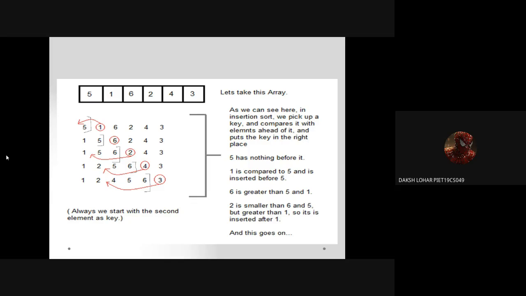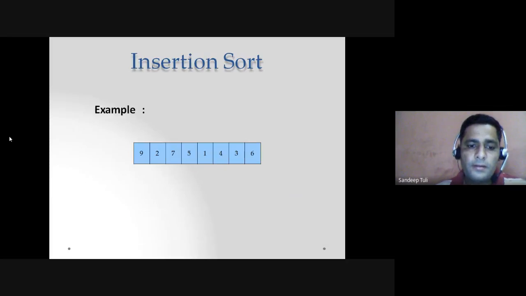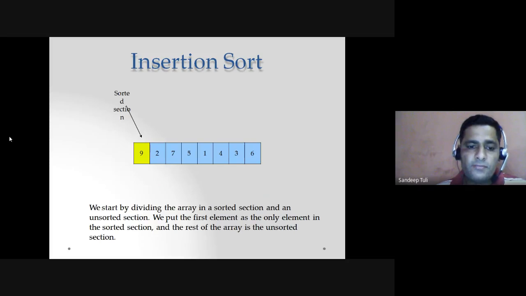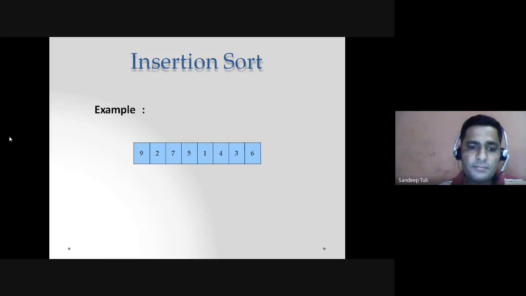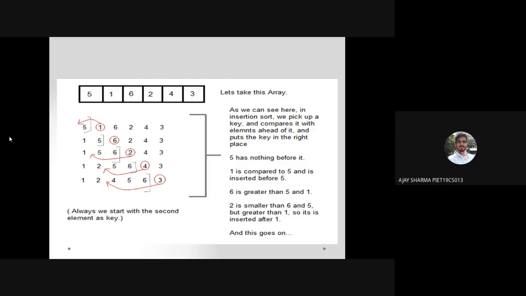Yes, sir. Wherever I have put the mark with the black ink, in every step we have divided the array into 2 parts: the first part is sorted and the second part is unsorted. Sir, why are we having a previously defined array? Can't we just randomly choose the numbers and put them in an array?